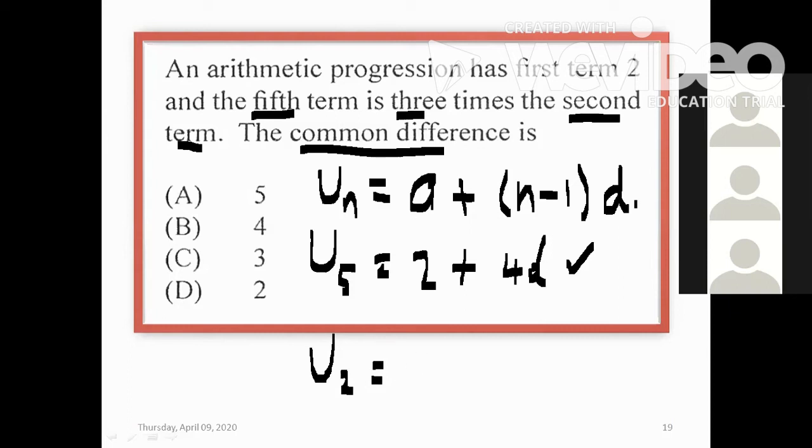So we have a, and a is 2, plus n, no, n is what? It's 2 now, not true? So 2 subtract 1 is 1. So we get 1d. Everybody see that? Yes, sir. Alright. Everybody following?